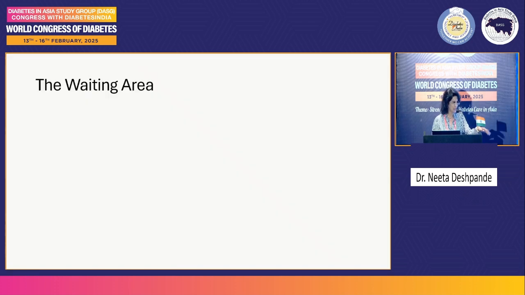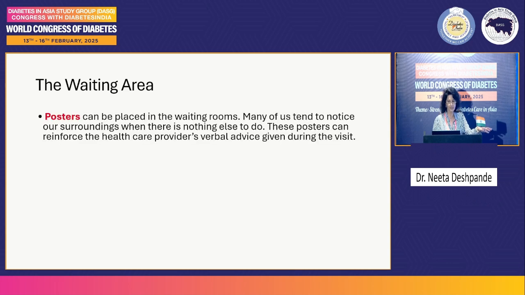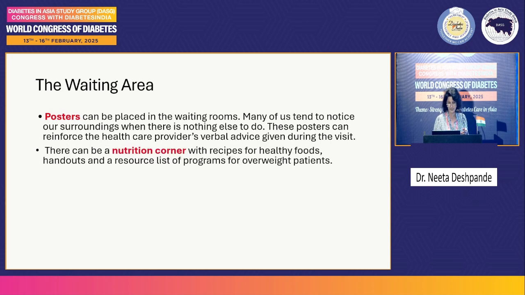Then coming to the waiting area, what you can do is put posters there which are very educative, because while they're waiting to meet you, a lot of material can be put out there and patients will very keenly read it. You can put something about muscle, about protein, about preservation of muscle, what is diet, what is exercise, and things like that.